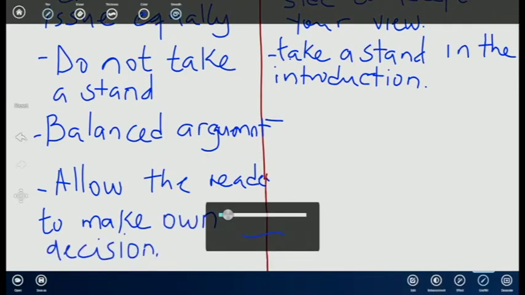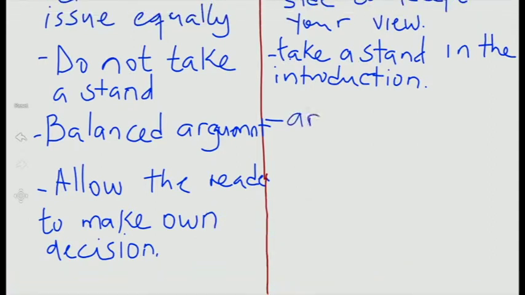So that is for a discursive. You give a balanced argument for both sides, and also by doing that you are allowing the reader to make their own decision. Yet here in an argumentative we said that the argument is not necessarily balanced. It leans more towards what you believe. The only thing that you can do is, you argue your views.